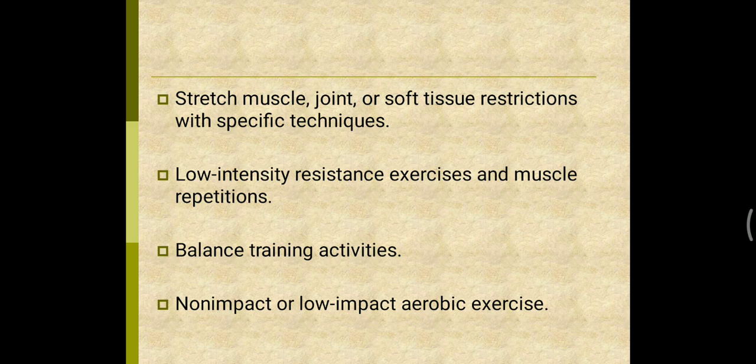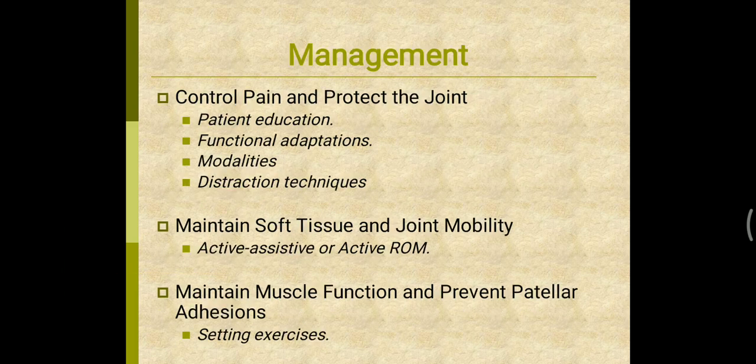Another is low intensity resistance exercise and muscle repetition. And as the patient gets this control, balance training activities should also be initiated. Non-impact or low impact aerobic exercise, like we have to improve the cardiac status, so aerobic exercise must be initiated, like low grade treadmill walking.